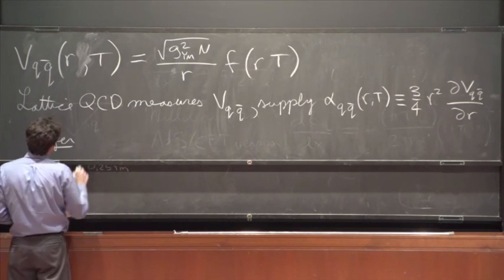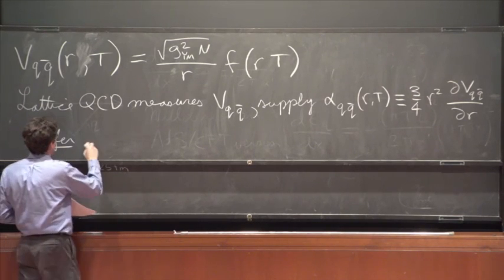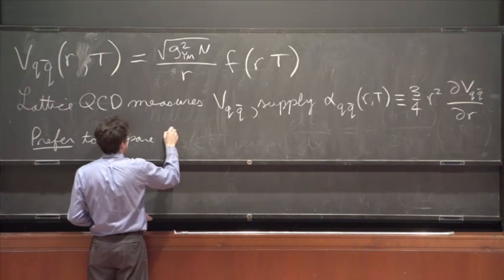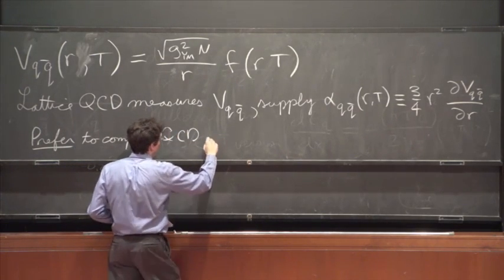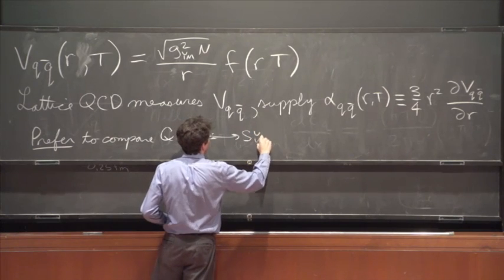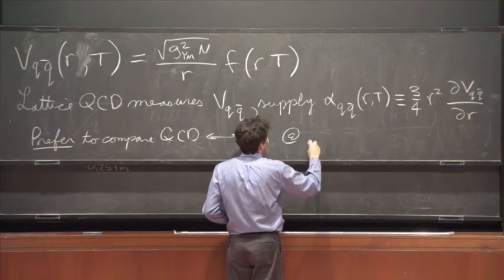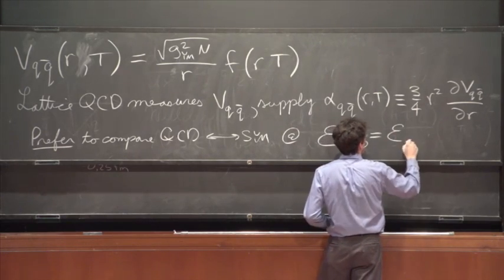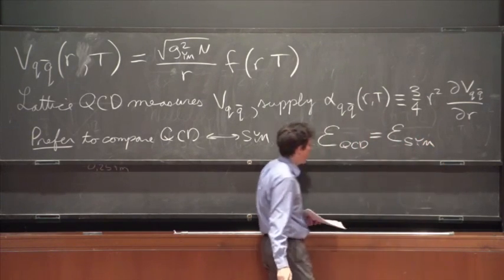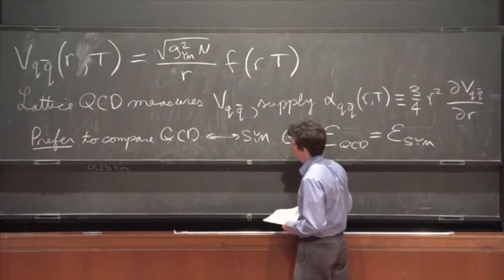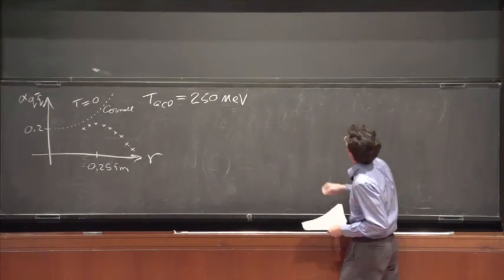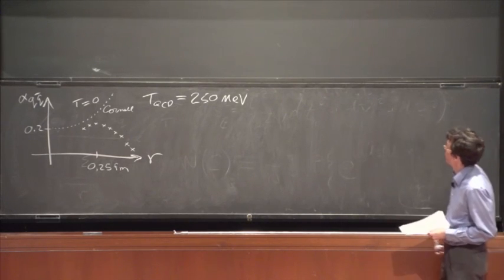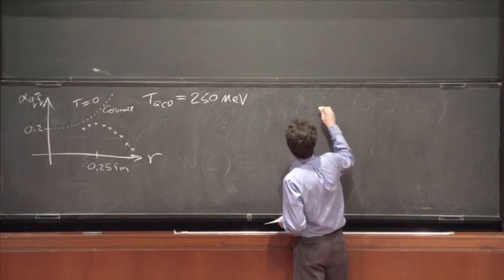So I have found that I prefer to compare QCD and super Yang-Mills at fixed energy density rather than fixed temperature. That seems like a bit of a quibble, but in this business of heavy ion collisions, you're worried about the factor of 2 floating around here and there.